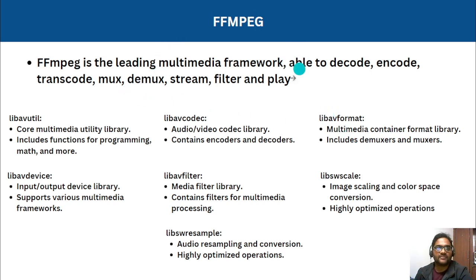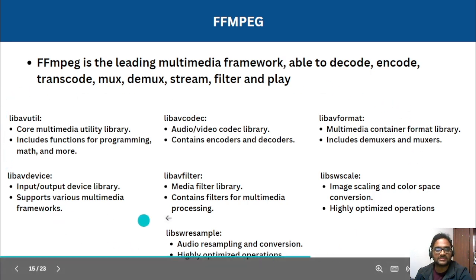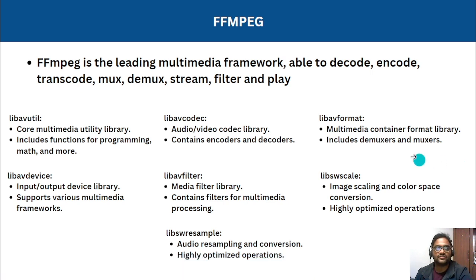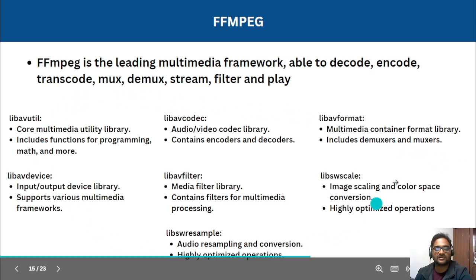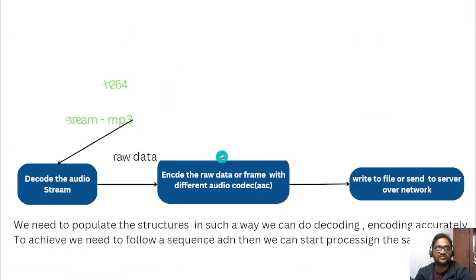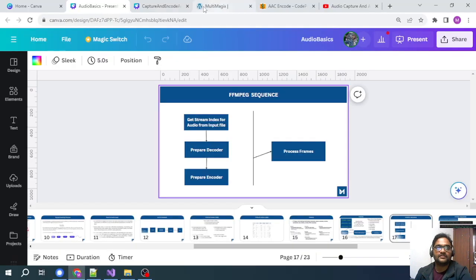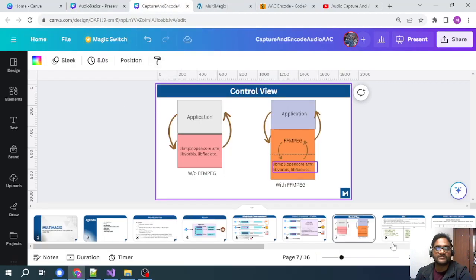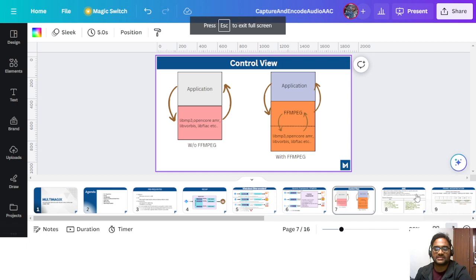Once you install FFmpeg, all these libraries are available as shared libraries or static libraries, and you need to include them as part of your project. Regarding the sequence of APIs, we'll go through that in the code flow diagram.